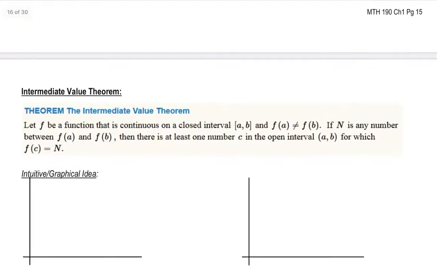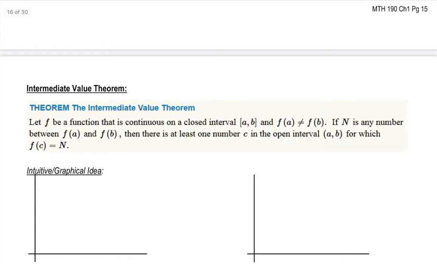Okay, the last little theorem we want to talk about is the intermediate value theorem. We're going to take it through one step at a time, and then realize that the conclusion should seem pretty logical. It says, let f be a function continuous on a closed interval where f of a and f of b are not equal to each other.